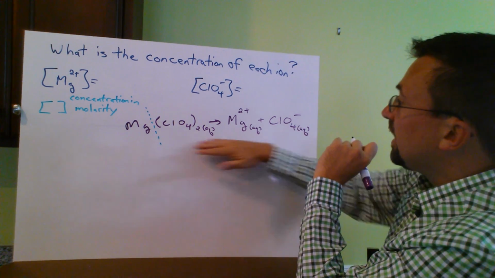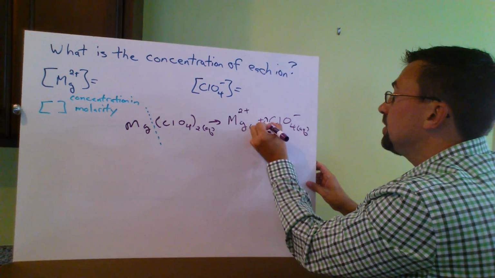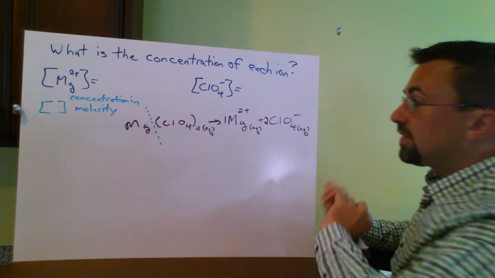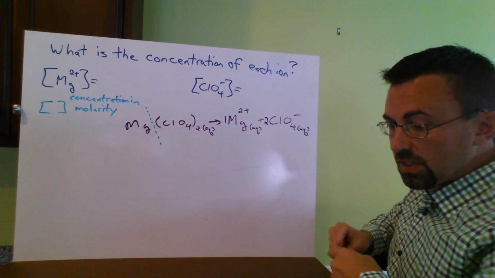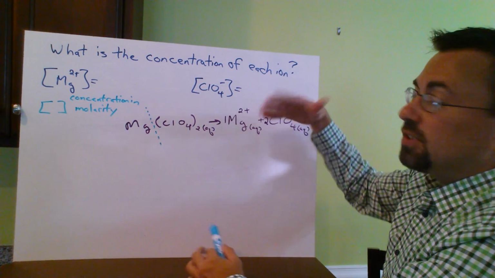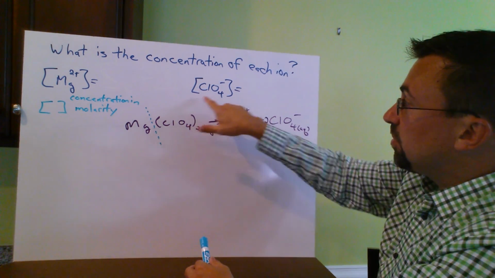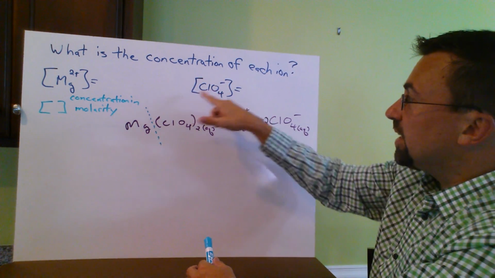And then this is not quite right because we haven't balanced our equation. We have 2 over here, so we'd have 2 here. I'm going to put those there and emphasize it. We don't need the 1, but I want to emphasize it for our calculation. So, a lot of times, chemists, instead of saying concentration or molarity, will put these little brackets. These brackets mean molarity. So it's concentration and molarity whenever you see these brackets.